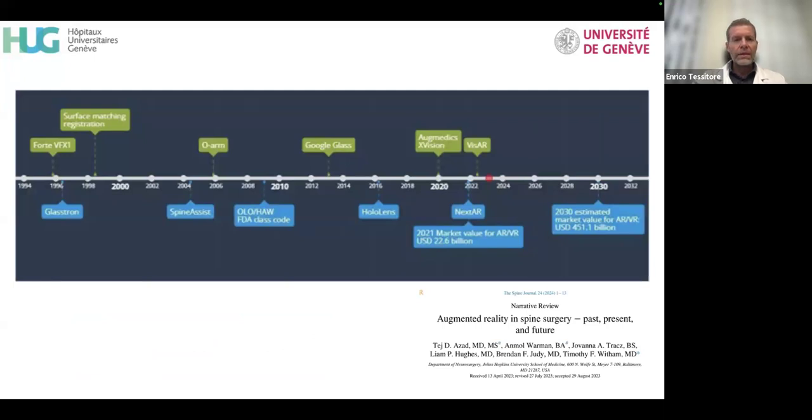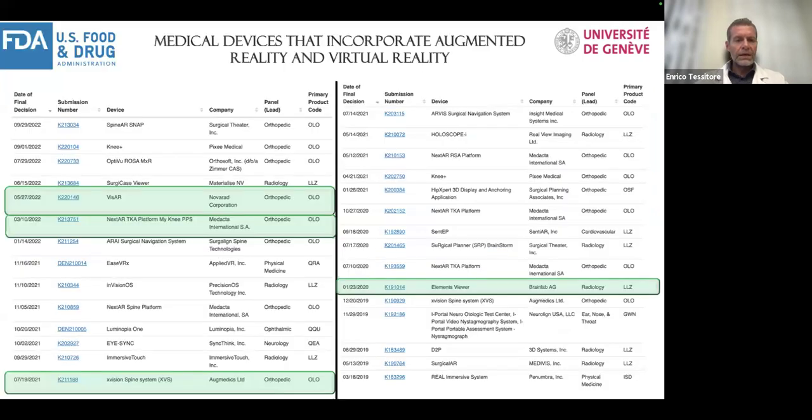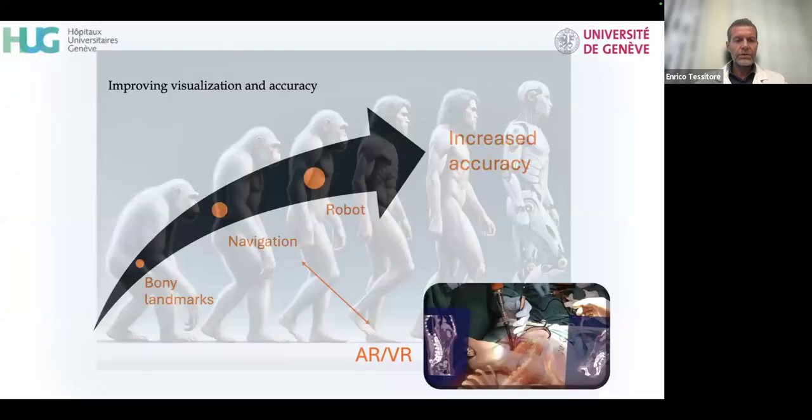You might see a few names here of augmented reality and virtual reality tools which have been approved by the FDA, and we will discuss some of them during the presentation, with a very big market value, at least as estimated for 2030. Here again is a list of the most common, and in green the ones that we will discuss today.